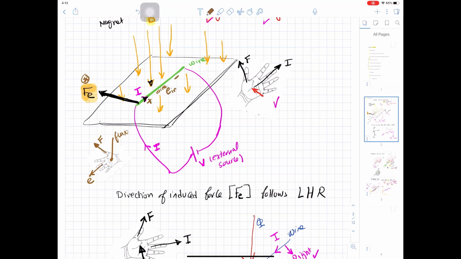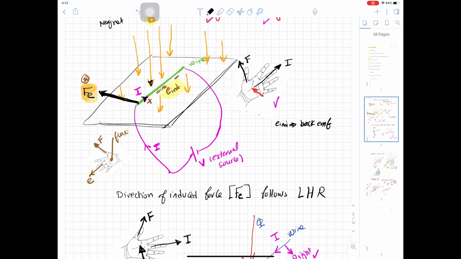This is E induced. Here there is also a generated voltage E, and the well-known term for this E, which we call E induced, is usually called back EMF, the back EMF or the reaction EMF. And this is what will happen in motors.